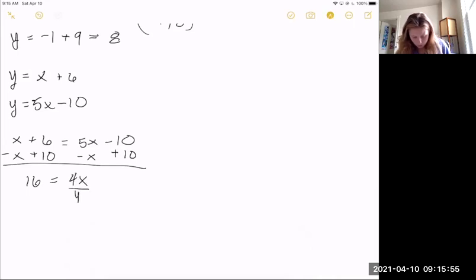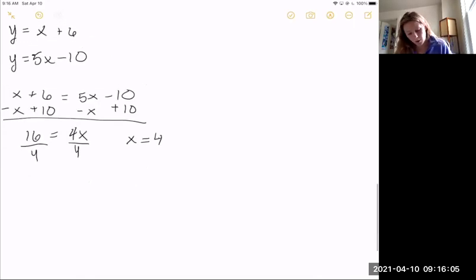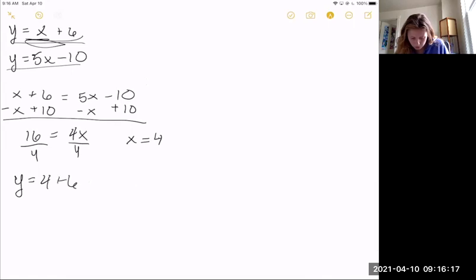So divide by 4. X is going to equal 4. So we can then just plug that 4 back into this equation. You can plug it into either, but I just choose this one because it's easier, but you'll get the same answer either way. So we have y equals 4 plus 6, and that's going to equal 10. So our coordinate will be 4, 10.